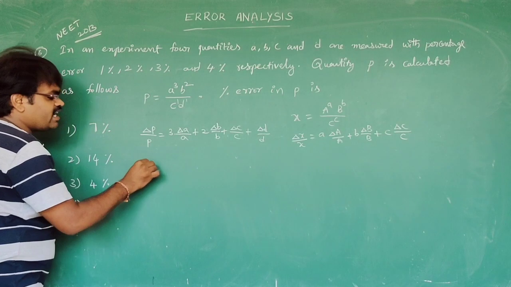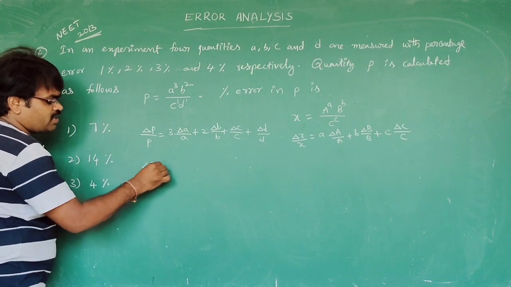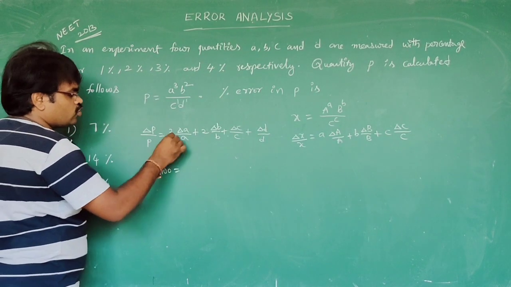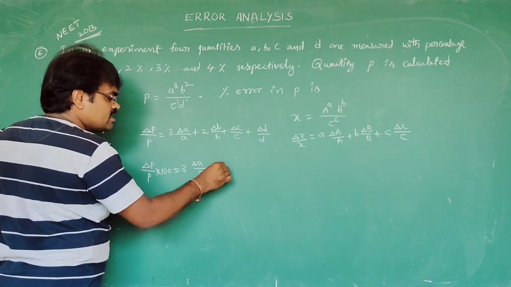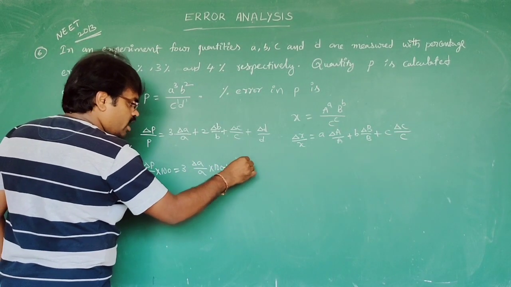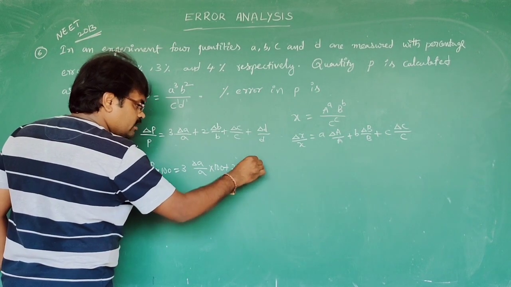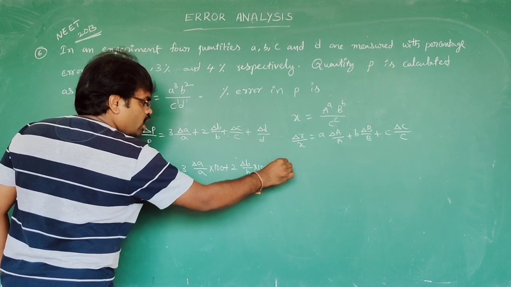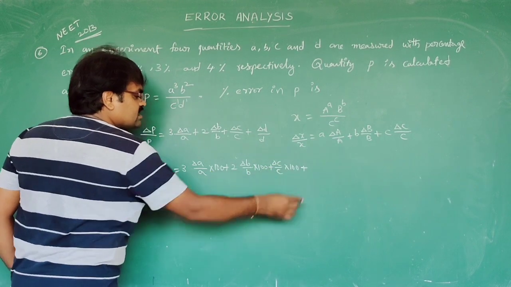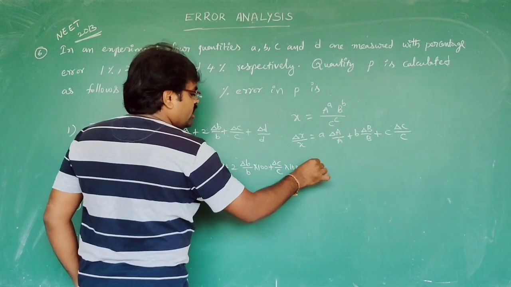Then the percentage error, delta P by P into 100, is equal to 3 into delta A by A into 100 plus 2 into delta B by B into 100 plus delta C by C into 100 plus delta D by D into 100.